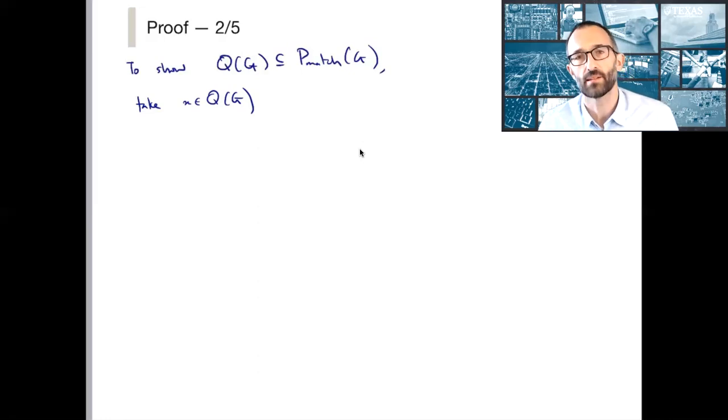This is an important point to belabor, having talked about simplex and the ellipsoid algorithm. All of those work by having a system of inequalities that define the polytope, and without that, we can't run either algorithm. So even though P match is a polytope in low dimensions, we can't just say that since it is a polytope, I can minimize a linear function over it.